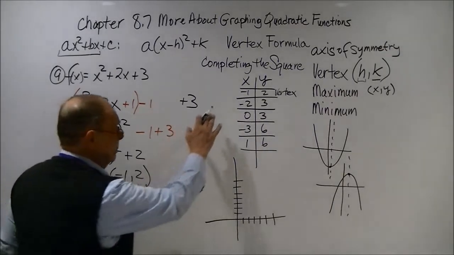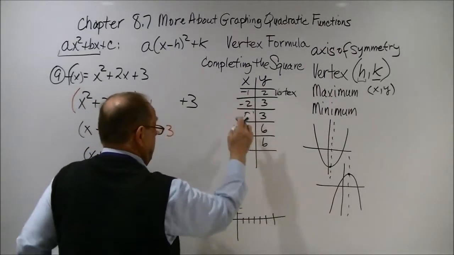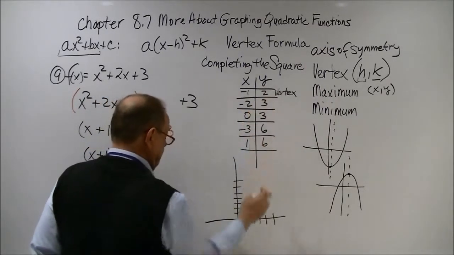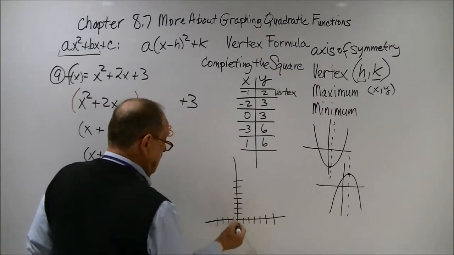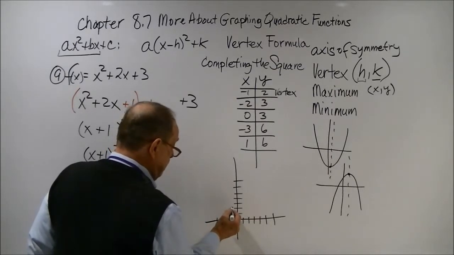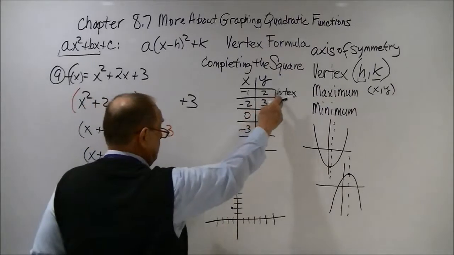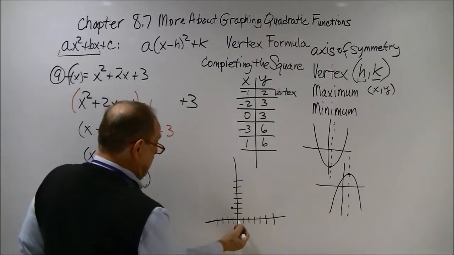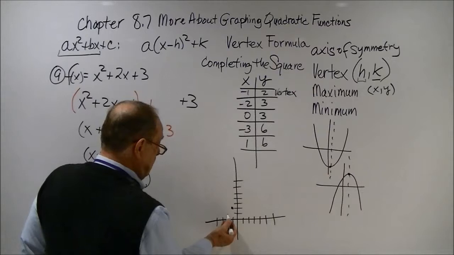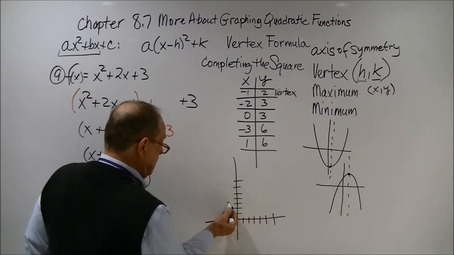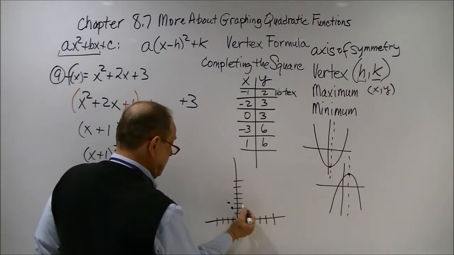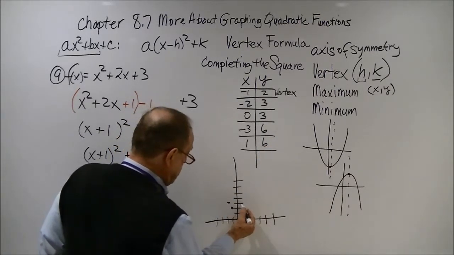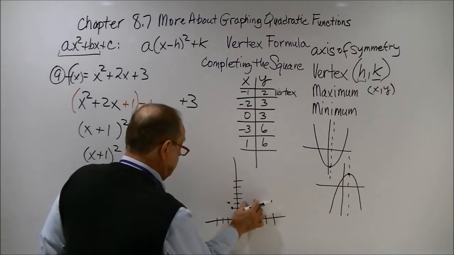So let's practice now plotting this. Negative 1, 2. So a negative 1, I guess I didn't put any points here. A negative 1, 2 is going to be right there. That's my vertex. Then I have a negative 2, 3, and I have a 0, 3, right there.